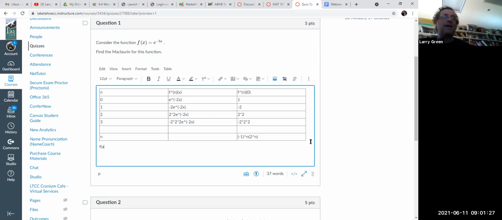So now I can say f of x is equal to a sum, n equals 0 to infinity, of negative 1 to the n times 2 to the n, and then times x.